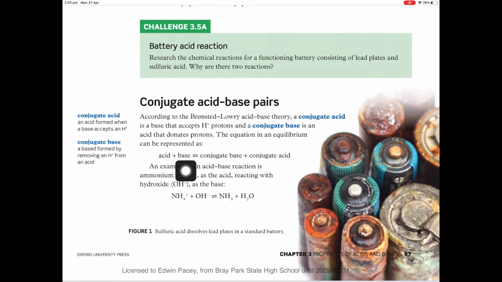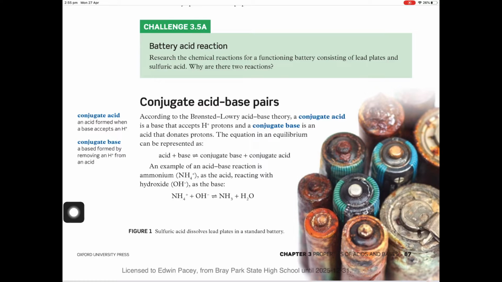One of these two reactants gives the proton. When they give the proton, it loses it. So the acid loses the proton to become the conjugate base. And it's a reversible reaction, remember? That conjugate base can get that proton back to become the acid.